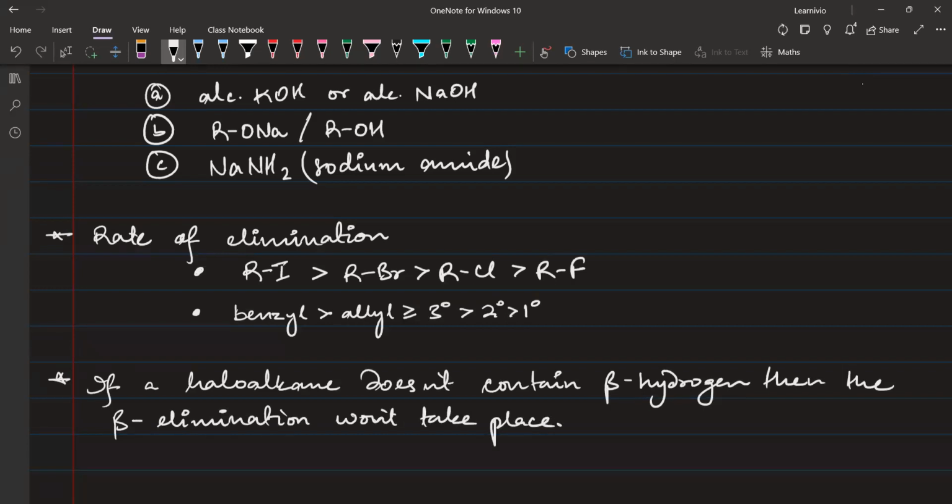By the way, this elimination reaction is also known as beta elimination because we are going to remove hydrogen from the beta carbon. ठीक है. Beta elimination.